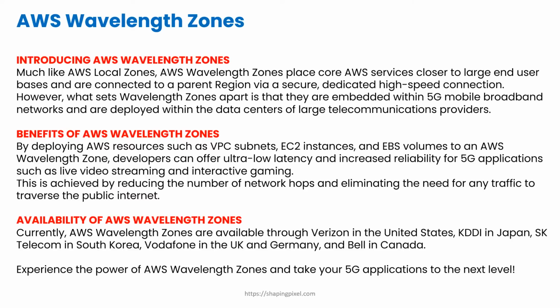This is achieved by reducing the number of network hops and eliminating the need for any traffic to traverse the public internet. Currently AWS wavelength zones are available through Verizon in the United States, KDDI in Japan, SK Telecom in South Korea, Vodafone in the UK and Germany, and Bell in Canada. So experience the power of AWS wavelength zones and take your 5G applications to the next level.